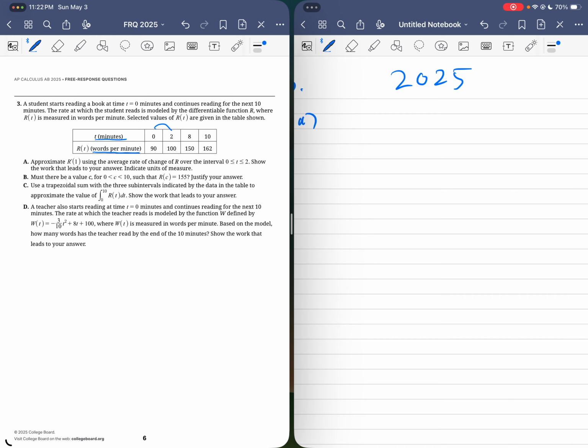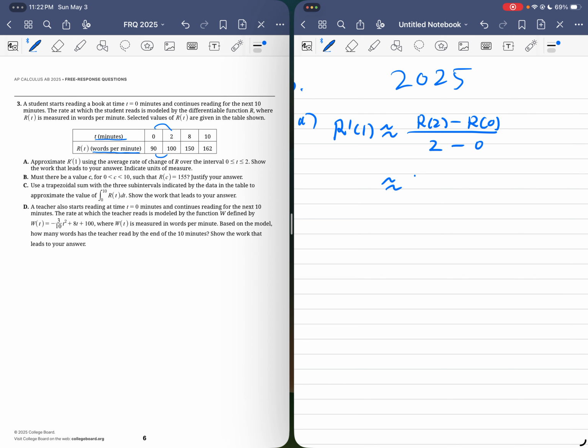1 is between here and here. So make sure you write down R prime of 1. It's going to be approximately, how do we set up? R of 2 minus R of 0. I don't think you have to write this one down, but I'm writing it for you.